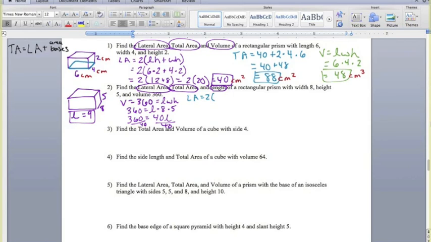Lateral area is 2 times (length times height plus width times height), and you don't need to memorize that formula. So that is 2 times (9 times 5, plus 8 times 5).